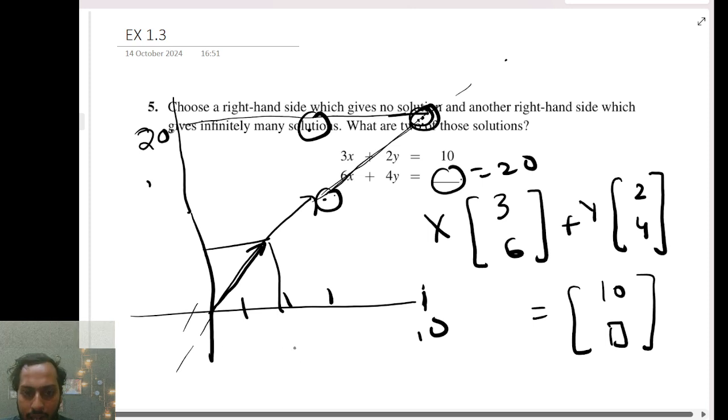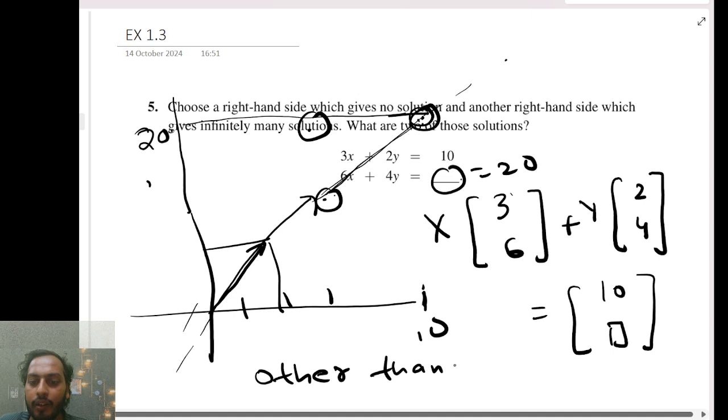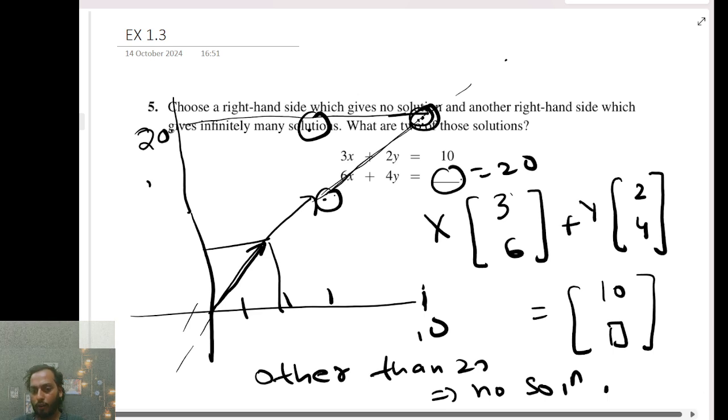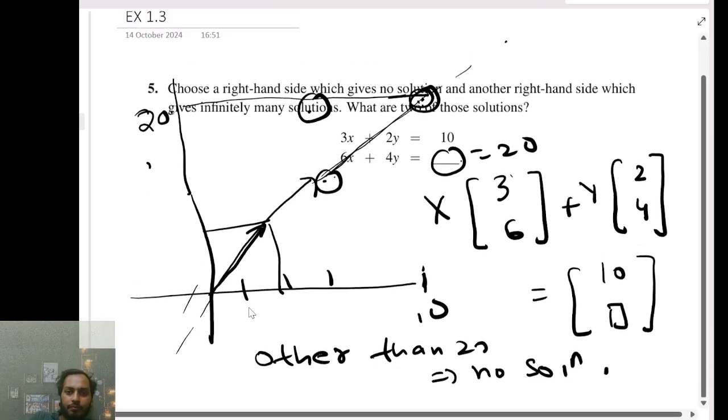So if you choose a point other than 20, then the equation doesn't have any solution. If you choose 20, the equation has a solution, and in fact infinitely many solutions. But if you choose a point other than 20, there is no solution. Is question number 5 clear?